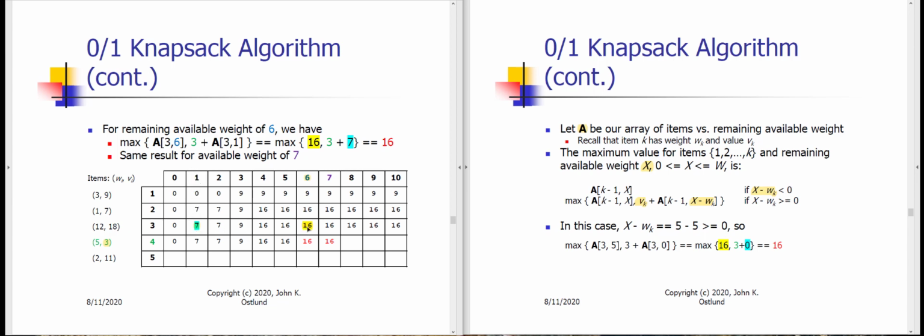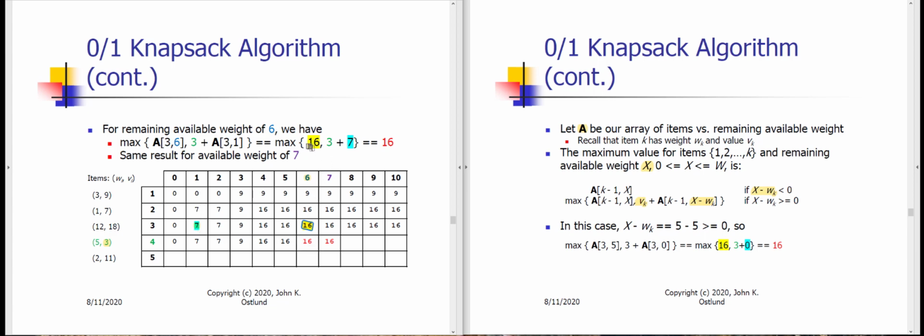So in other words, we're going to compute the maximum of 16, which is the value that we can get if we have 6 units of available space, just considering items 1 and or 2 and or 3, or 3 plus 7 is 10 if we do include item 4 and also accept the contribution from items 1 and or 2 and or 3.